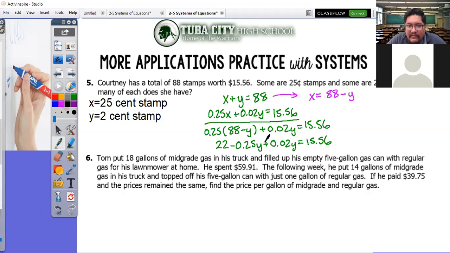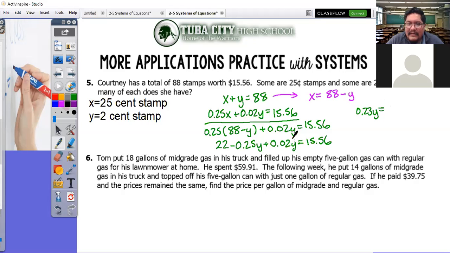But I still have a couple of other things to do. For one thing, I need to account for both of these y values. So I'm going to combine my two y values here as negative 0.25 and 0.02y. Just think of it this way: 25 cents minus 2 cents, that would be 23 cents.